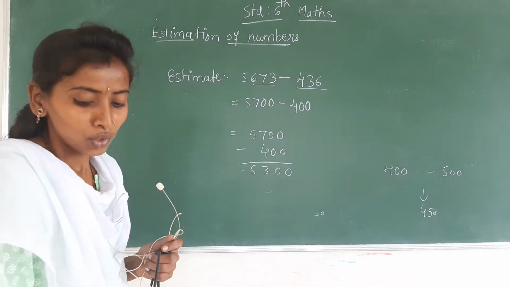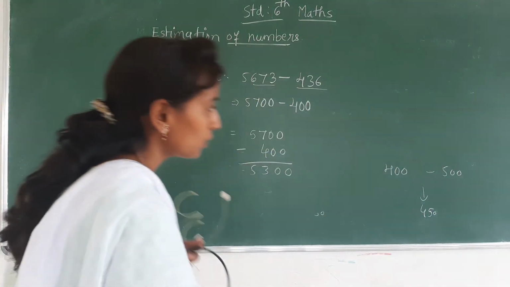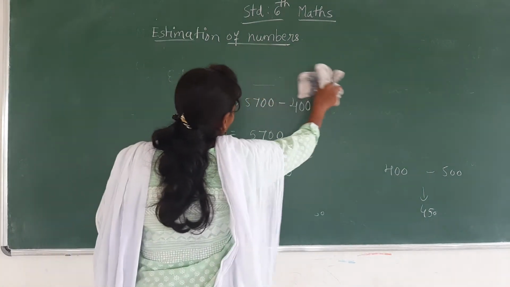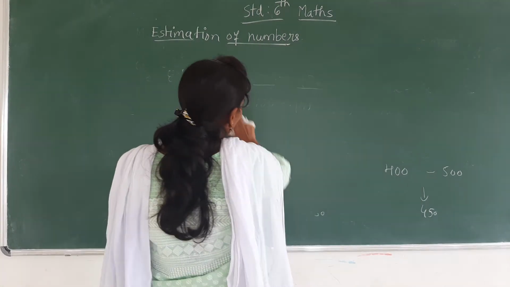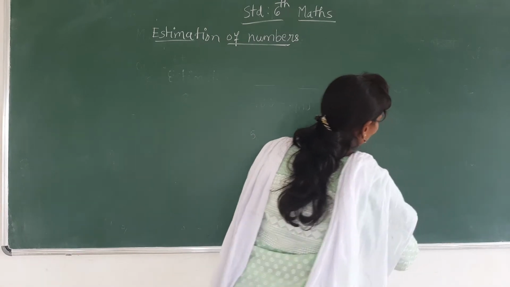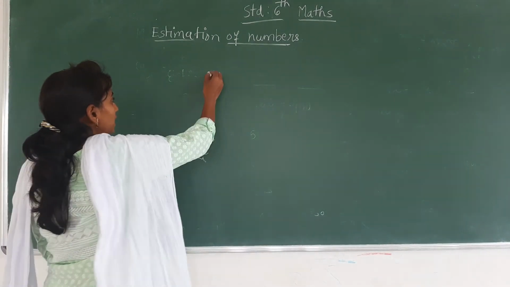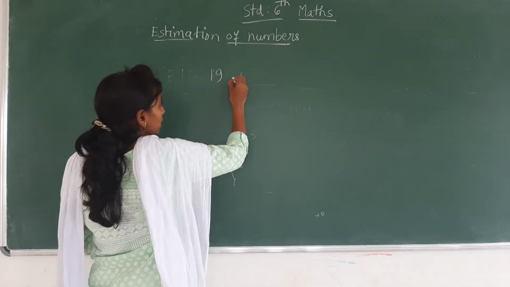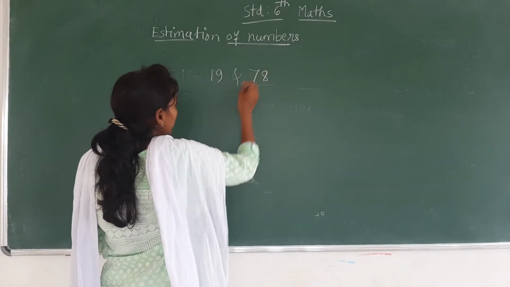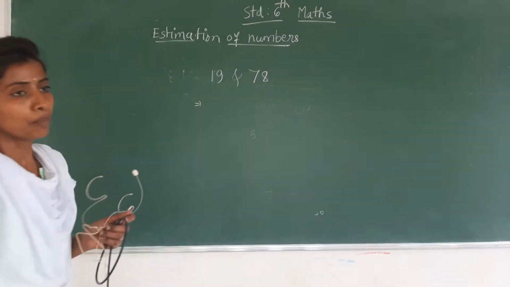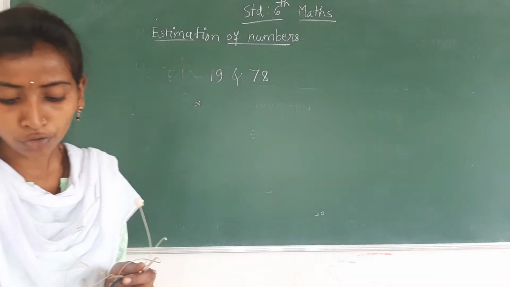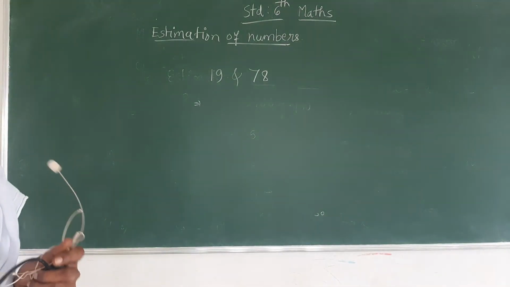Now, how will we estimate the product of numbers? We will see that by example only. For example, 19 and 78. We are going to multiply these two numbers. We have to estimate these numbers to the tens place.